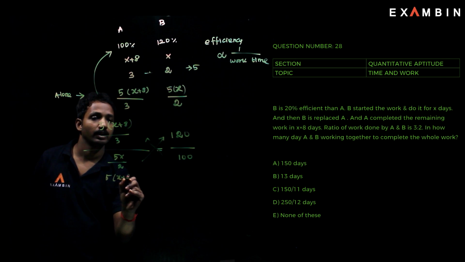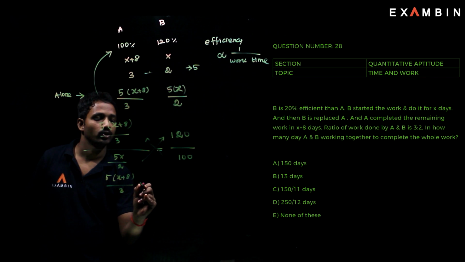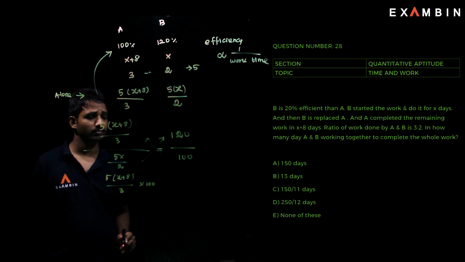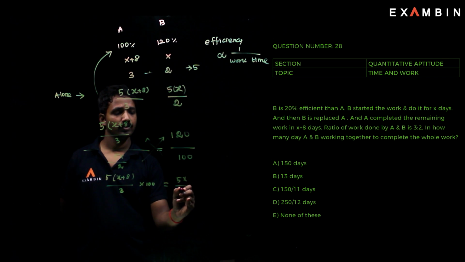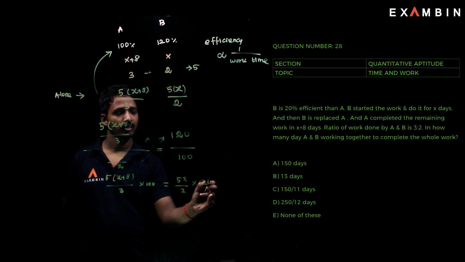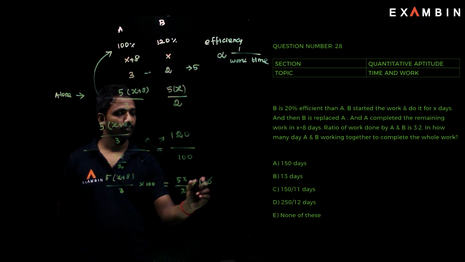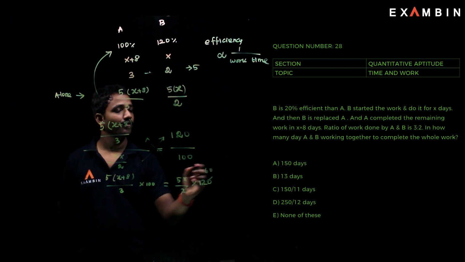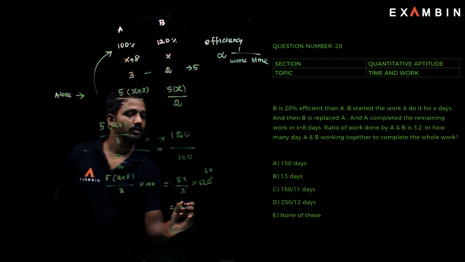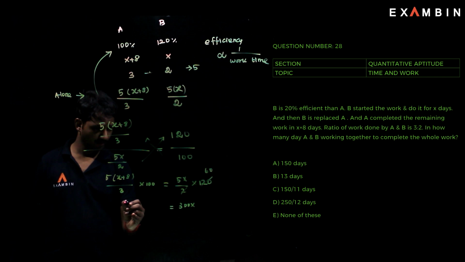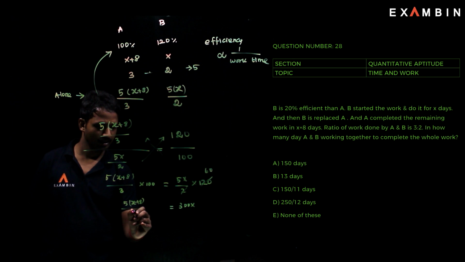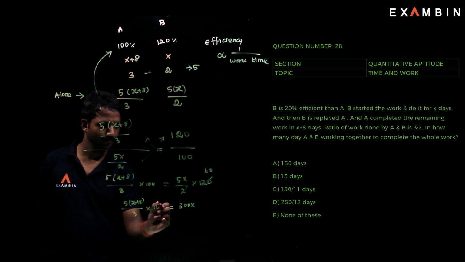5 into x plus 8 by 3 into 100 is equal to 5x by 2 into 120. 120 by 2 is 60, 5 into 60, 300x. Here, I think 5 can be cancelled right now. 5 into x plus 8 divided by 3 into 100.